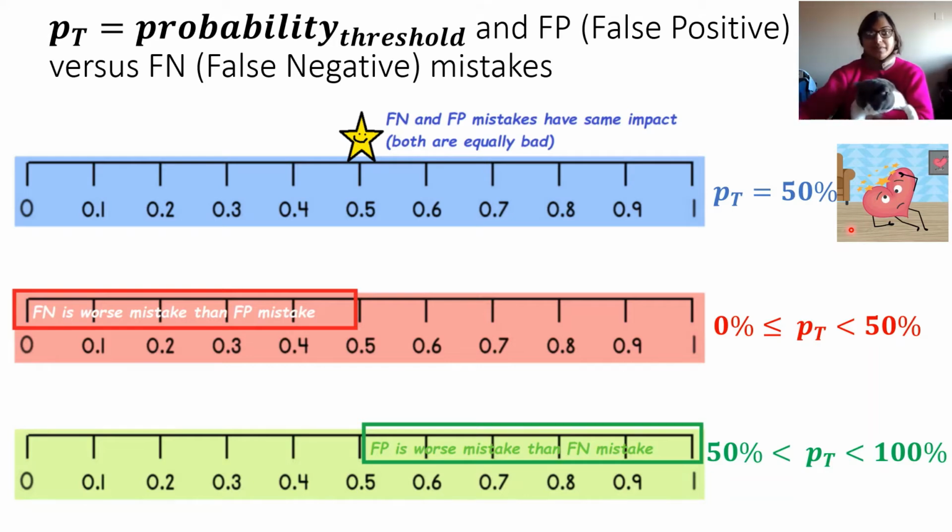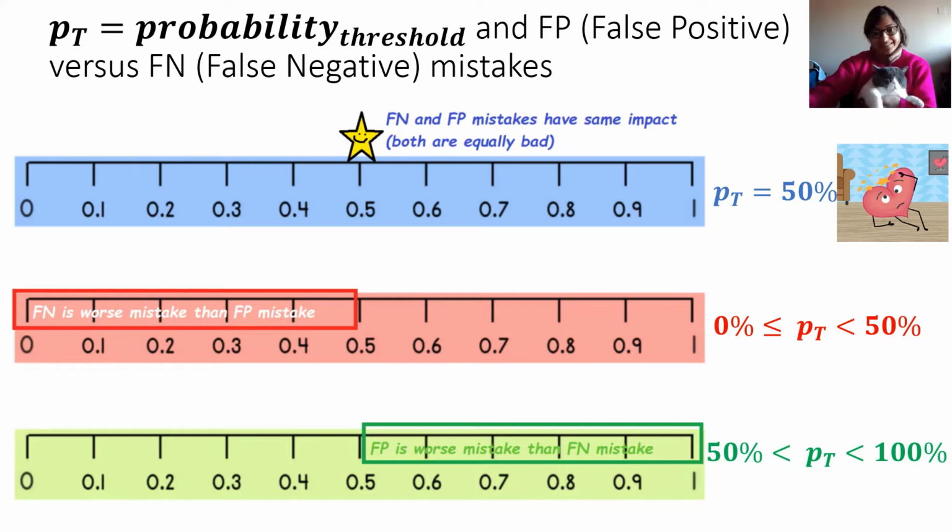They are both equally bad. It's like a coin flip. That's what we typically say in predictive models for various applications. If the predicted probability is greater than or equal to 50%, we say it's a positive class, and if it's less than 50%, we say it's a negative class.